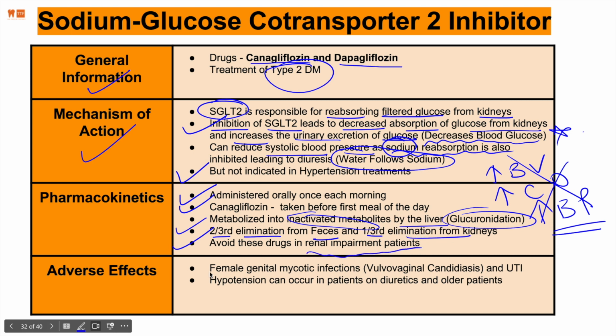Adverse effects: it causes vulvovaginal candidiasis, which is a female genital mycotic infection. That's a fungal infection, or a bacterial UTI, because it works in the kidneys, right? It has a lot to do with the kidneys. Hypotension, which is this action right here, can occur in patients who are already on diuretics and are of old age.